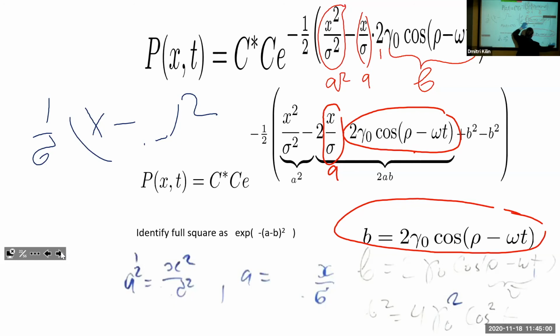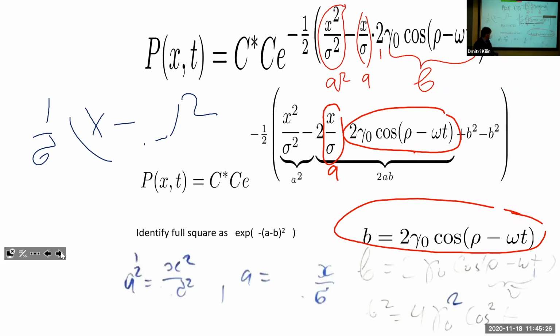And as soon as we have a squared minus 2ab plus b squared, this will be a full square that we can identify and treat as a Gaussian with traveling center. As a price for it, we will have an additional factor, e to the power minus b squared.